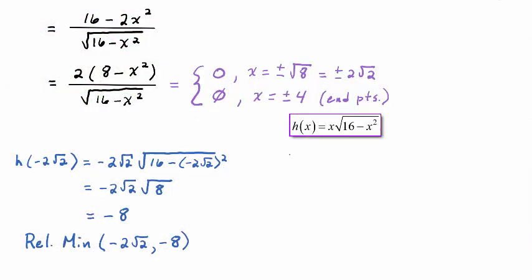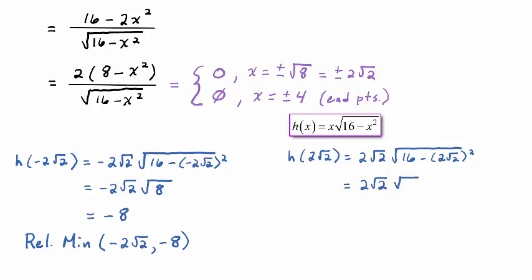We also need to evaluate h of positive 2 rad 2. So that would be 2 radical 2 times the square root of 16 minus 2 radical 2 squared, which is equal to 2 rad 2 times the square root of 16 minus 8, which is 8.